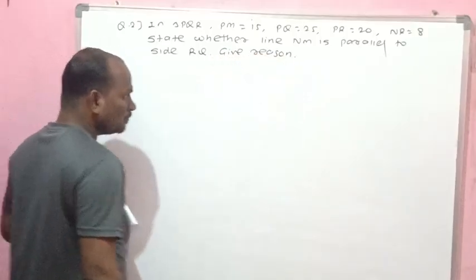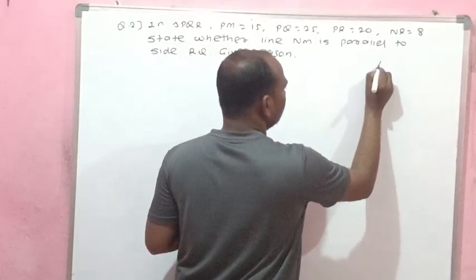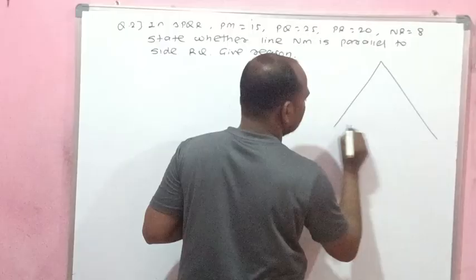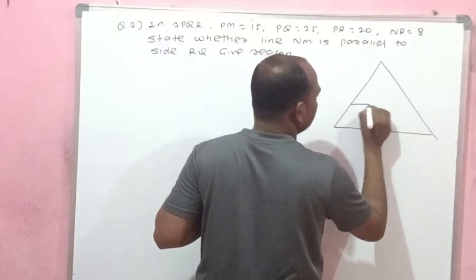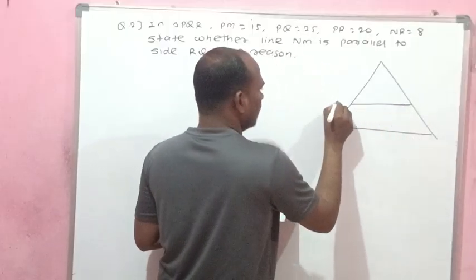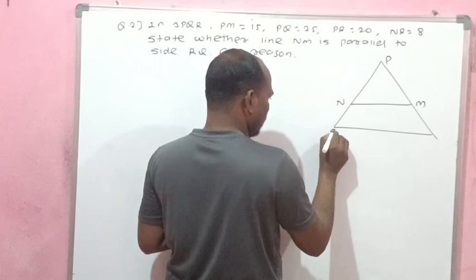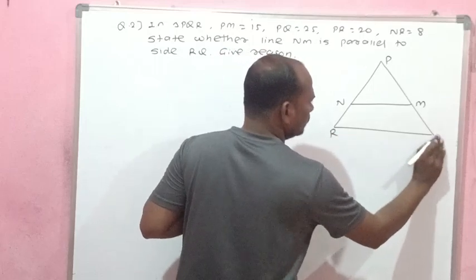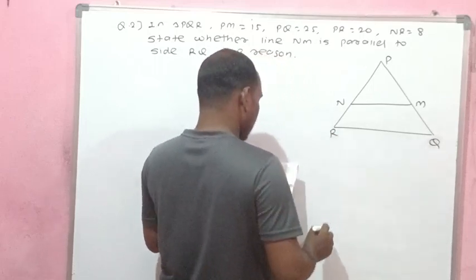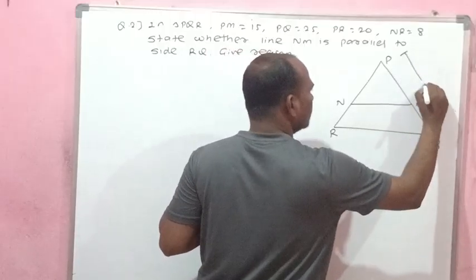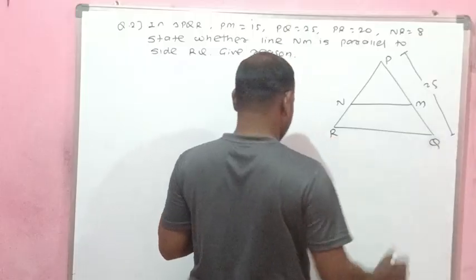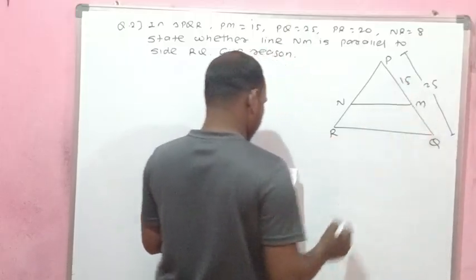Now the diagram. This is diagram NM and P, R and Q. The value of PQ is 25 and value of PM is 15.